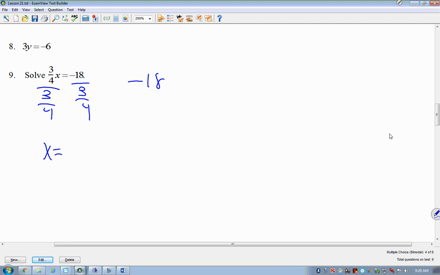All right, Jordan, you're going to move up here at this table next to Tiffany. Okay, I want to make sure I have your attention. Class, can we divide by a fraction? No. What do I have to do? Multiply by the reciprocal. What is the reciprocal of 3/4? 4/3. Okay, so it's negative 18 over 1 times 4/3. What's 1 times 3, just so I get my denominator? 3.